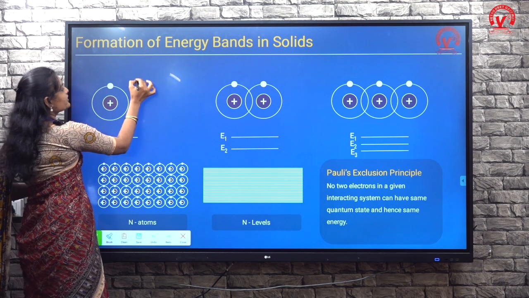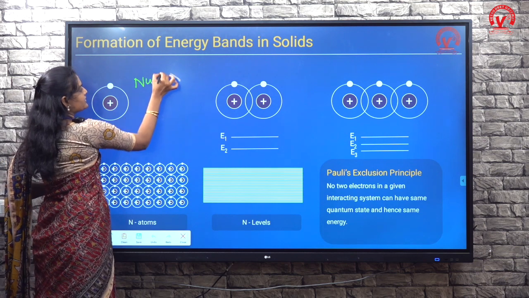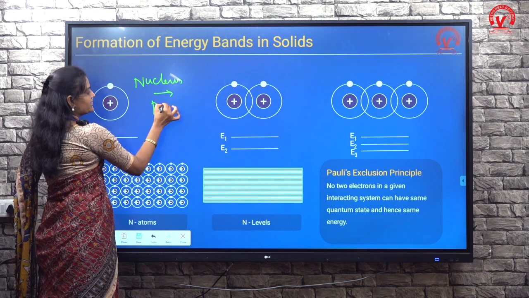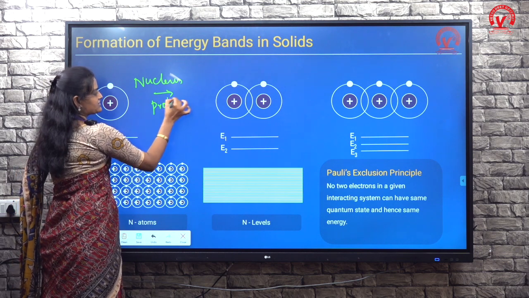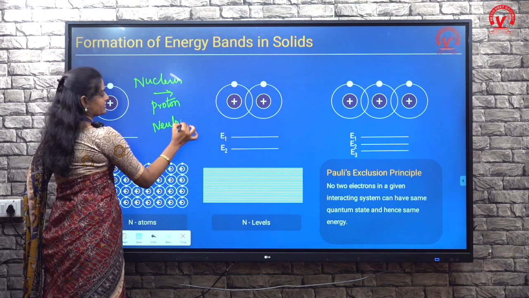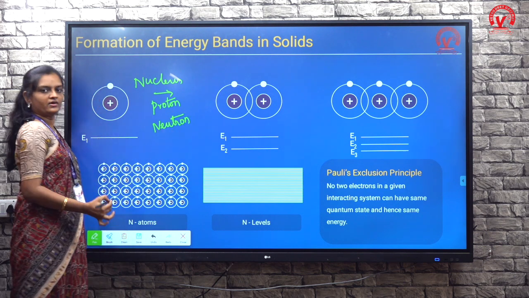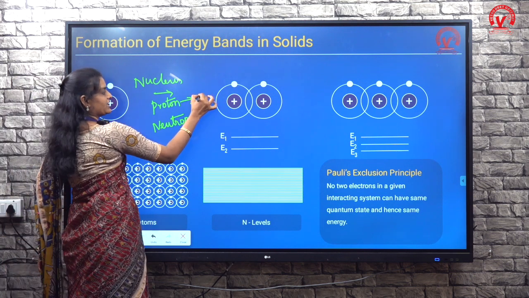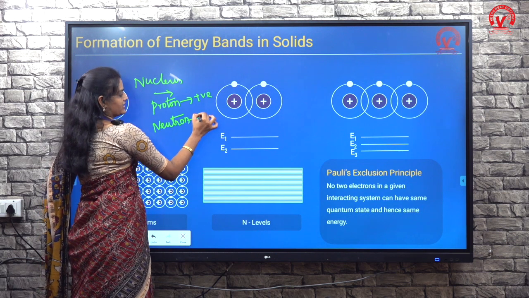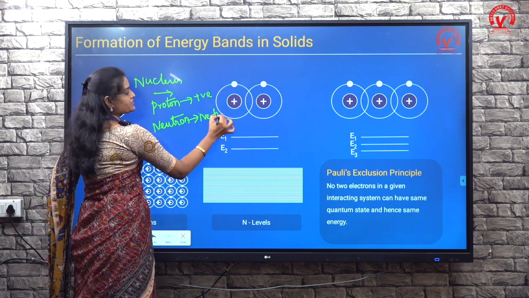We know the nucleus has protons as well as neutrons. Proton is positive charge and neutron is neutral. What is meant by neutral?